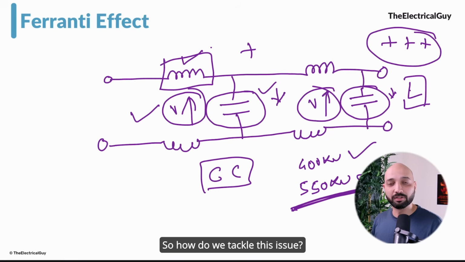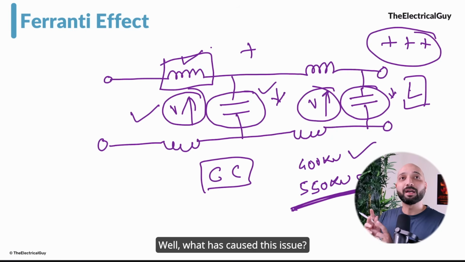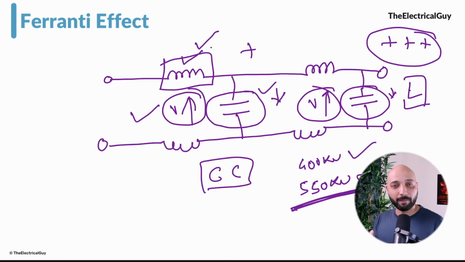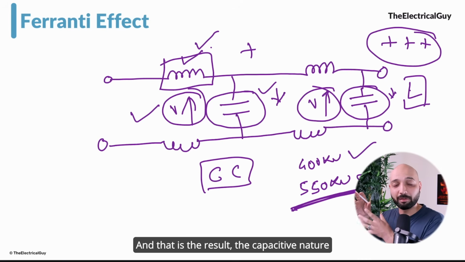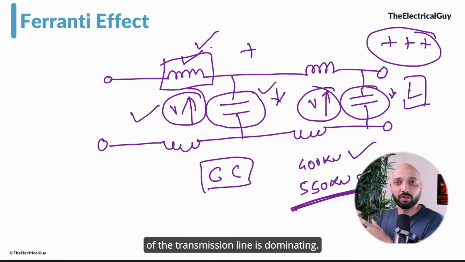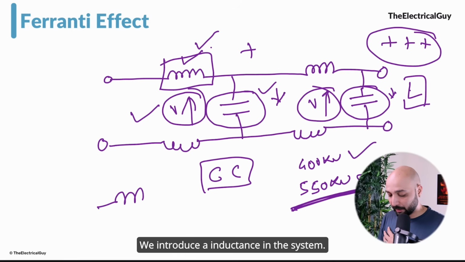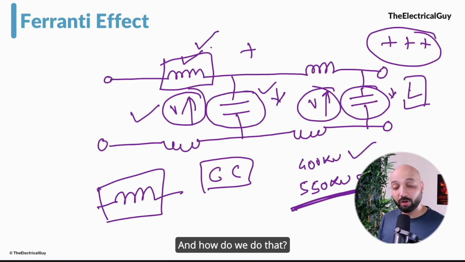So how do we tackle this issue? Well, what has caused this issue? Because the inductive effect has gone down, the capacitive nature of the transmission line is dominating. So it is very simple. We introduce inductance in the system. And how do we do that?